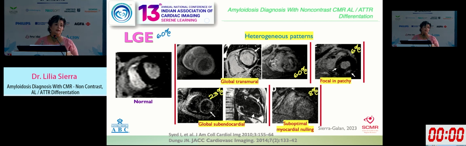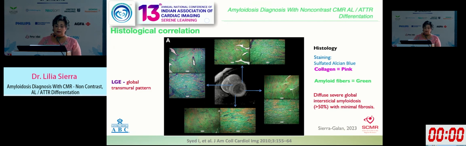So we can have a bad nulling of the myocardium, but it would be normal nulling because of the PSIR sequence. So that's a problem. And the other patterns can mimic other diseases and are not as frequent as we could think. Then see the correlation with histology, which is something more worrisome.